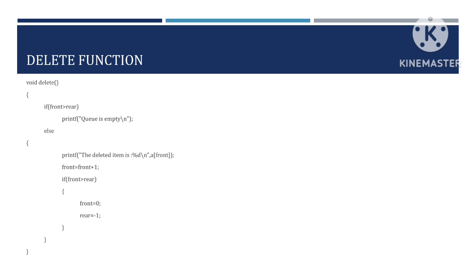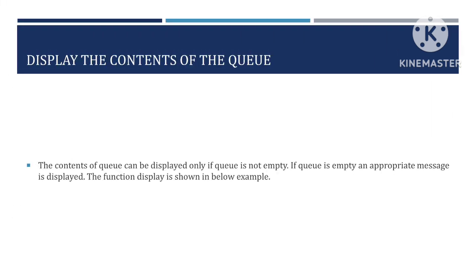Next comes the third function, display the content of the queue. So this function is used at a particular time. How many items are present in the queue, we can display those items in the output.